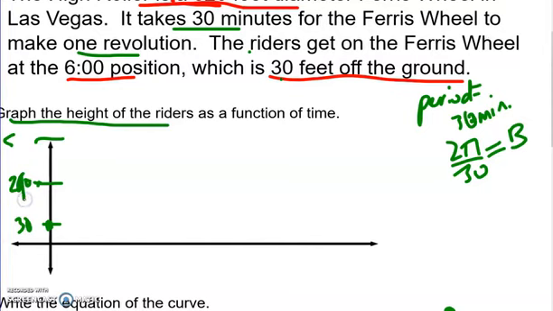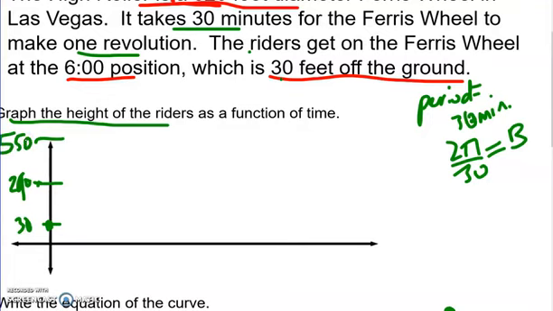So here is 290, and then we add another 260 to that, so this is 550.